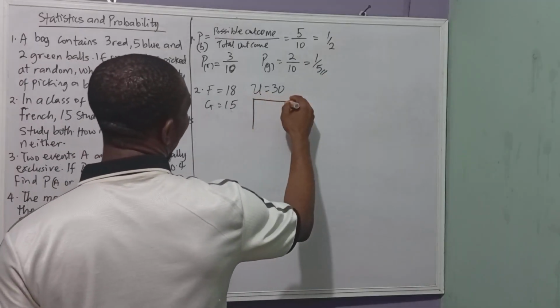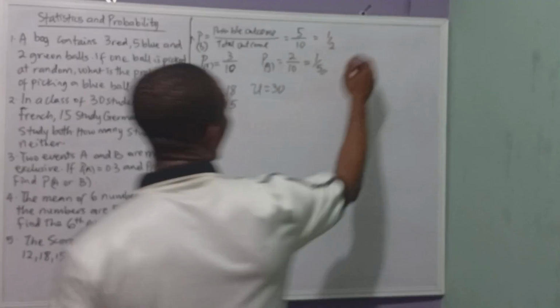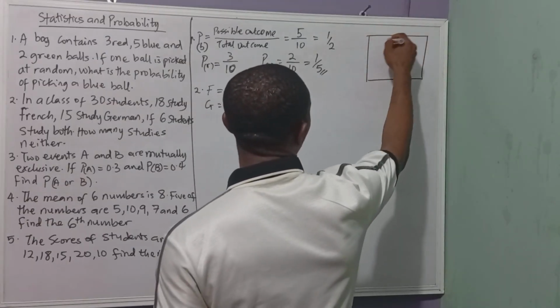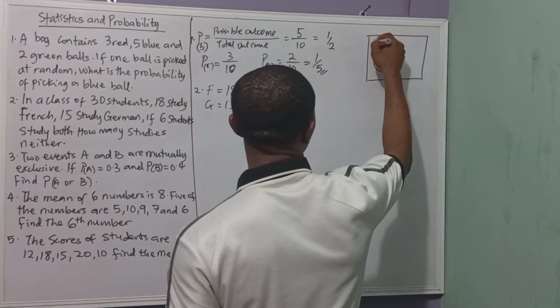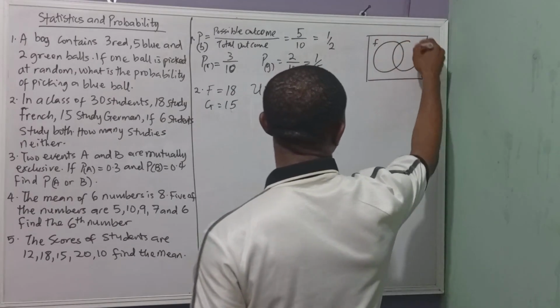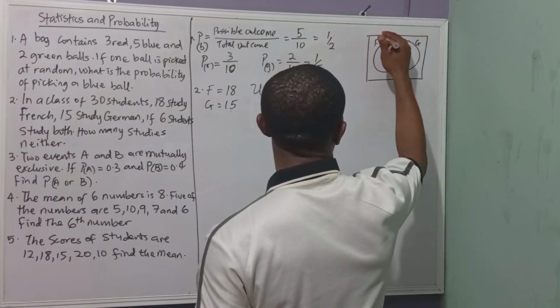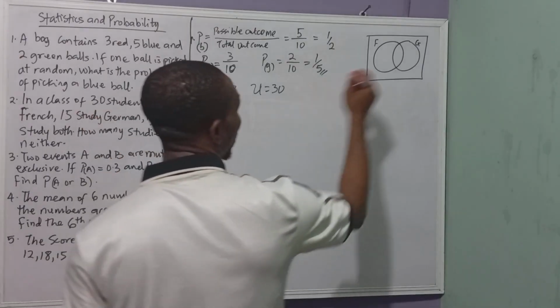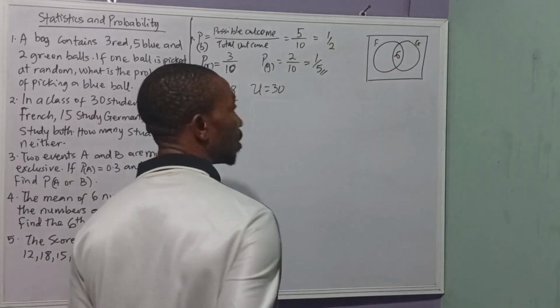If we have this in a Venn diagram this way, we have French and we have German. Now, we have been told that 6 students study both, so there's an intersection.